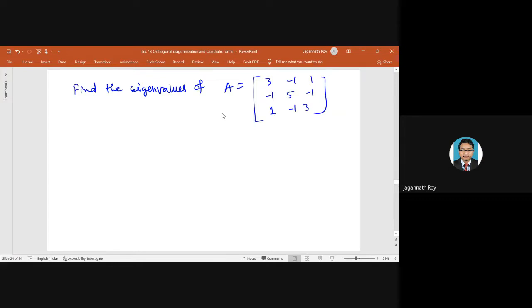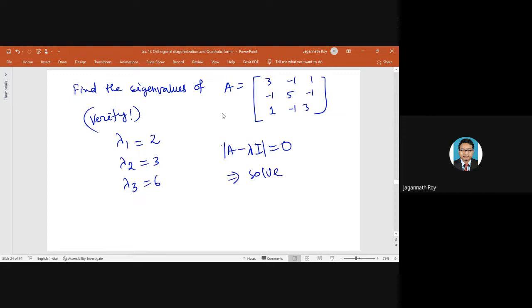You will get lambda 1 equals 2, lambda 2 equals 3, and lambda 3 equals 6. Because if you take the determinant of A minus lambda I equals 0 and solve, you will get these values.